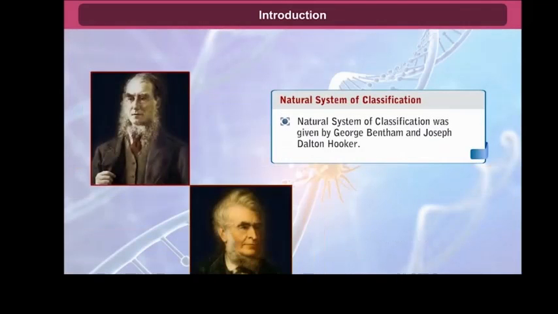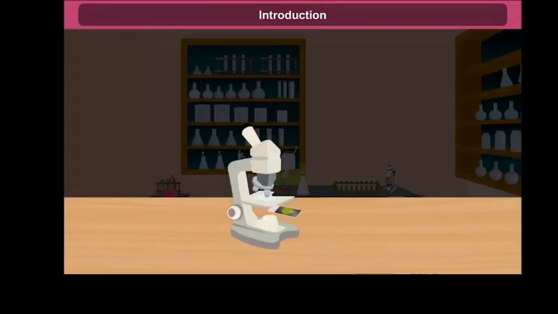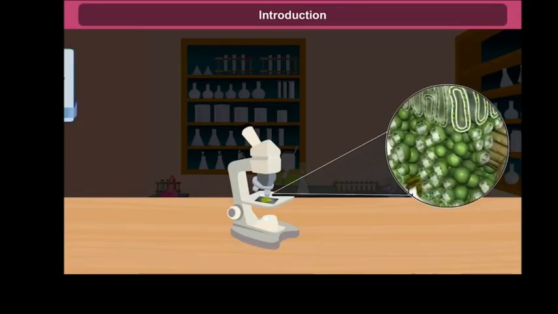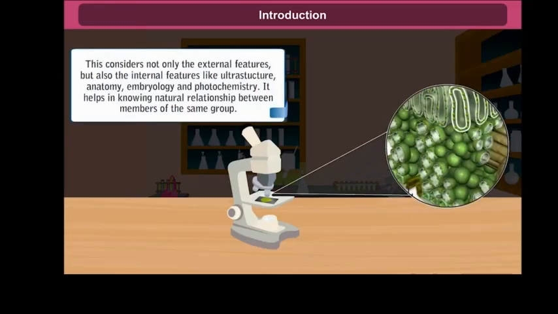Natural system of classification was given by George Bentham and Joseph Dalton Hooker. This considers not only the external features, but also the internal features like ultrastructure, anatomy, embryology, and phytochemistry.